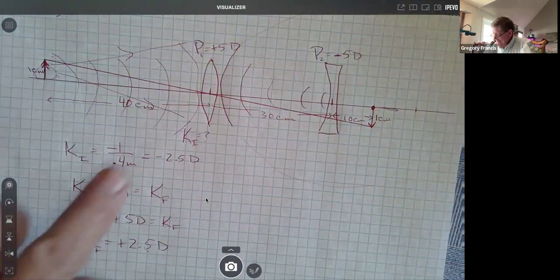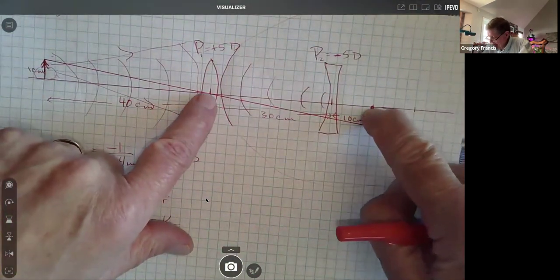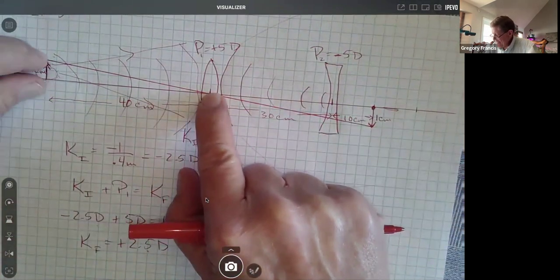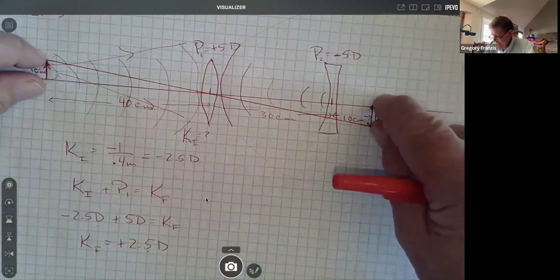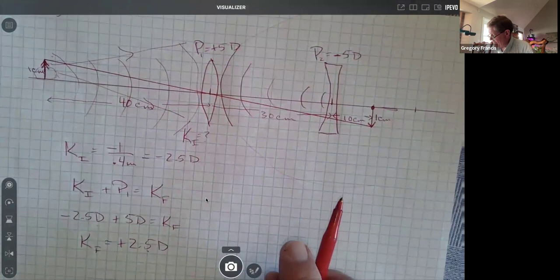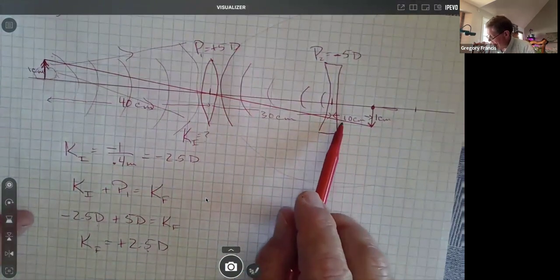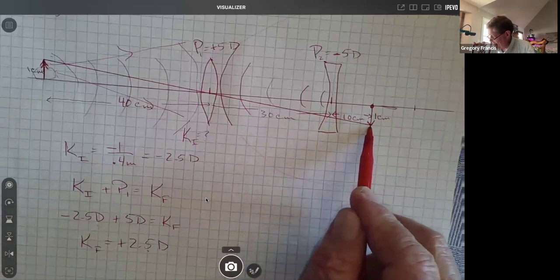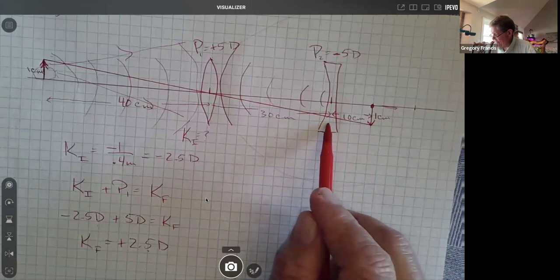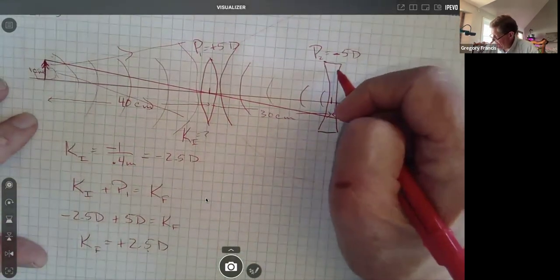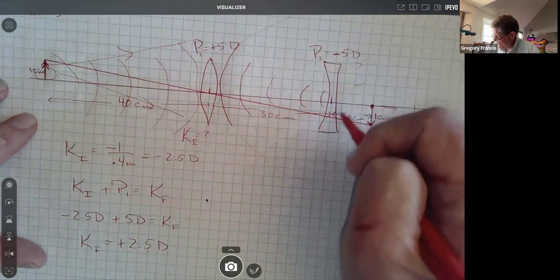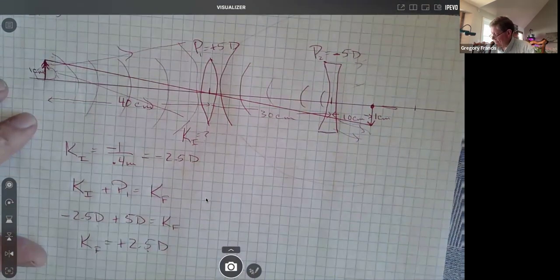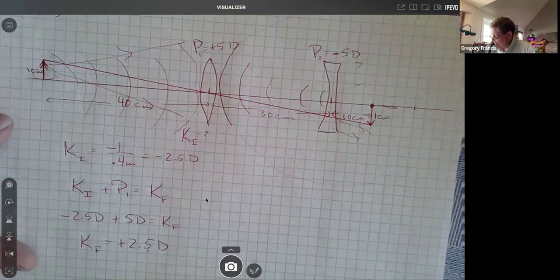Another way of seeing that is that it's 40 centimeters to the right of the lens. It started 40 centimeters to the left of the lens. The similar triangles say that these are going to be equal to each other. But like I said, the light doesn't actually get here because when it reaches this negative lens, the light is spread. Okay. And so this ray is going to head somewhere else. Well, let's find out where it heads.